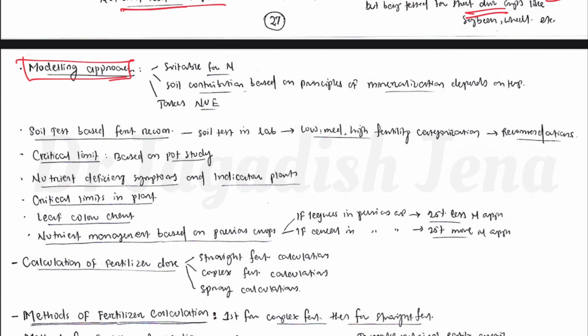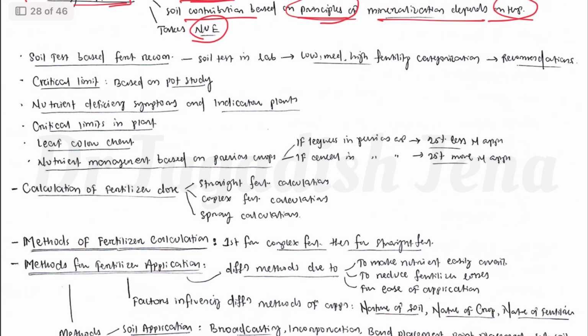This is basically suitable for nitrogen application. Soil contribution based on principles of mineralization depends on temperature, and it takes nutrient use efficiency into consideration. So this is also a very good approach, and it is a modern approach.